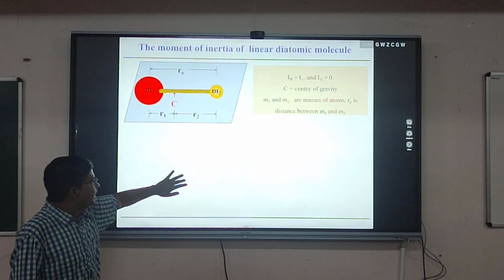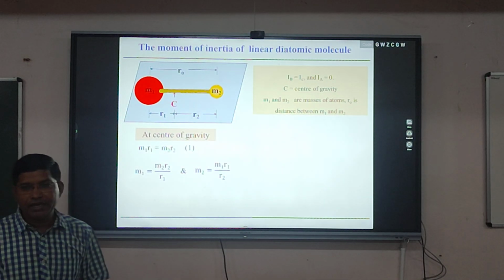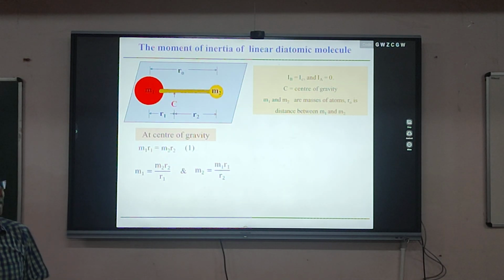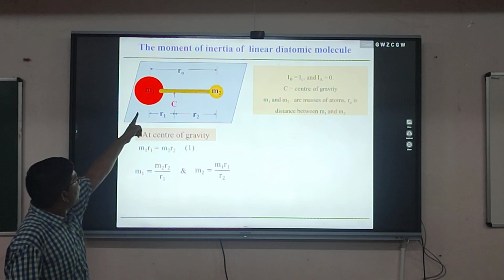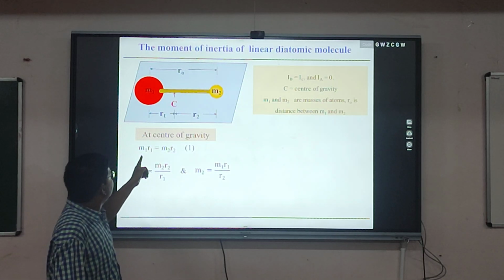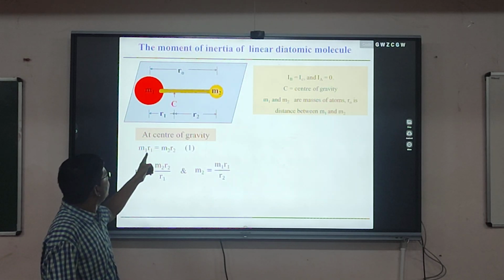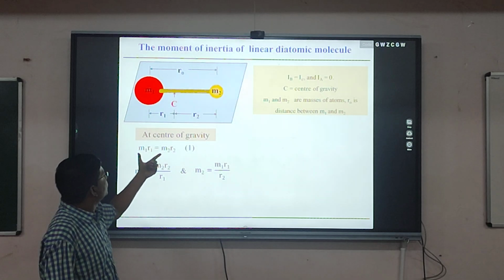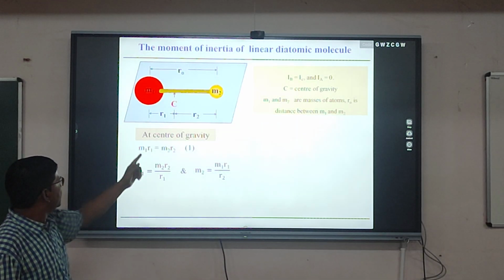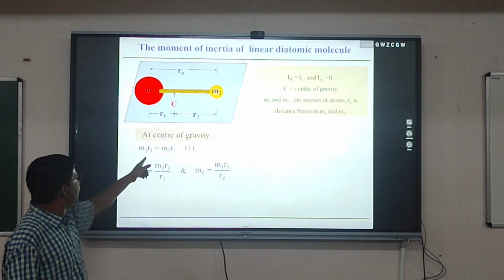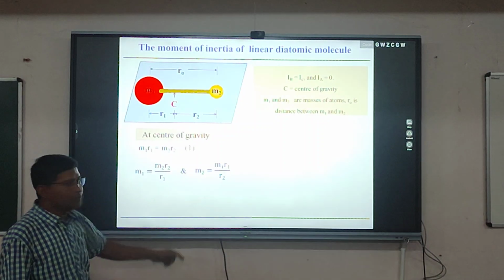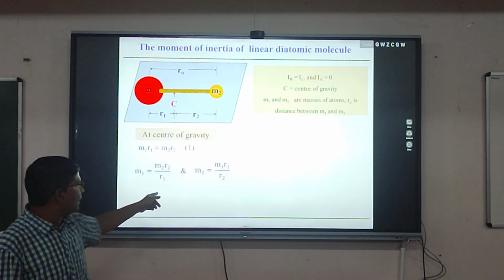Based on that, how can we determine the moment of inertia of the molecule? At the center of gravity, M1 R1 equals M2 R2, so their moments are equal. Then M1 equals M2 R2 divided by R1.